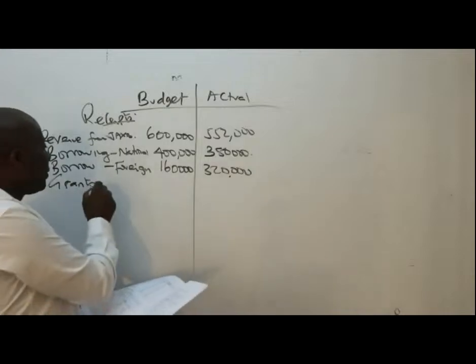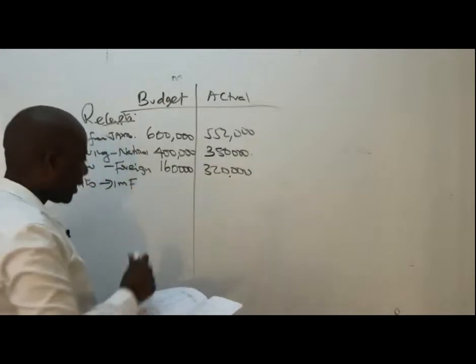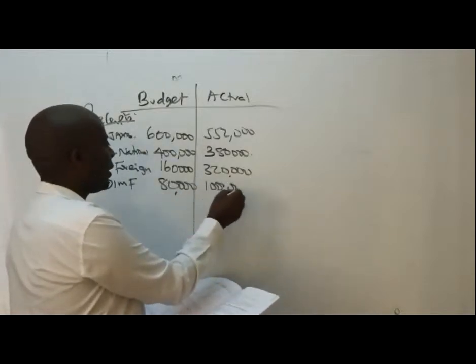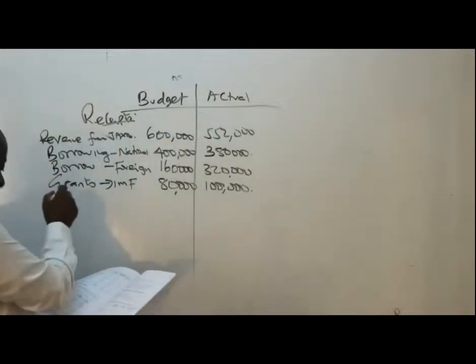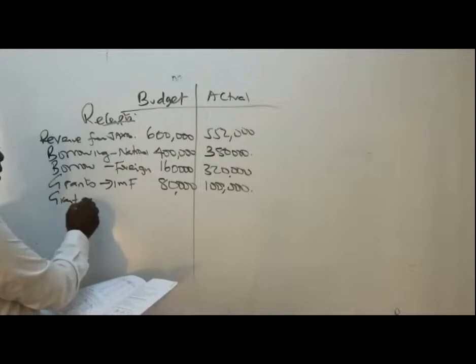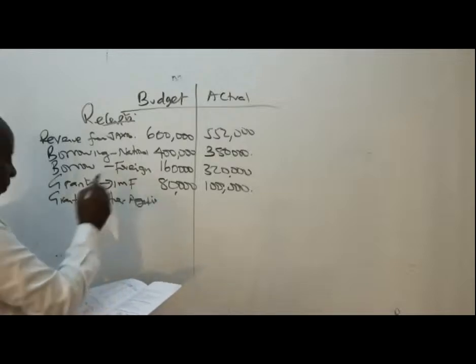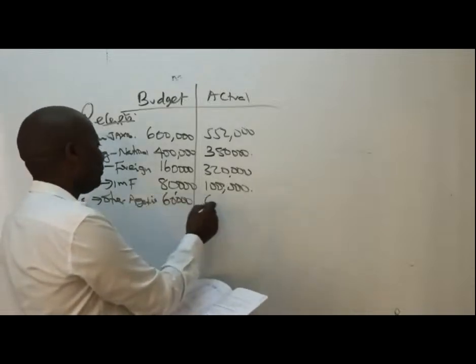So grants from the famous IMF and the World Bank. So we have 80,000, and then we have 100,000 there. Other agencies, grants from other agencies, 60,000, 64,000.